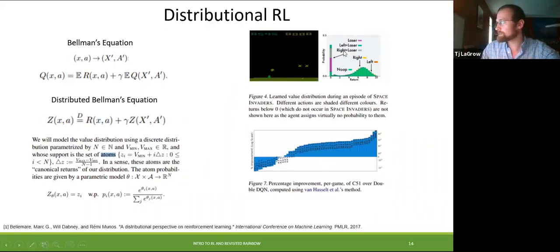So I guess this was one of the better examples I could pull, because we have Space Invaders going left and right. The action of going right given this state is going to be higher, because you're going to have something here that will collide with you and give you a negative reward.